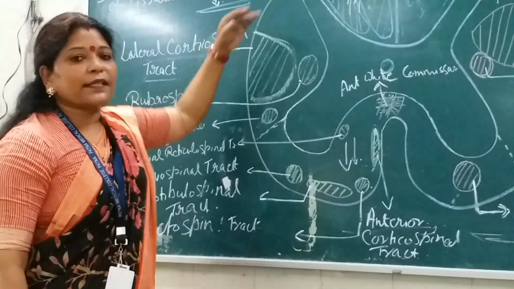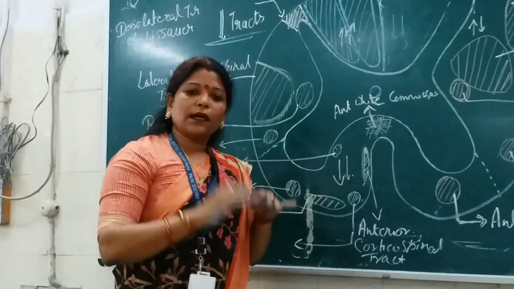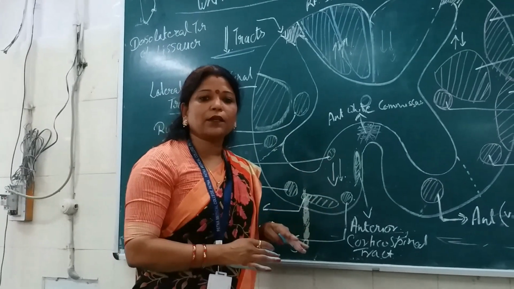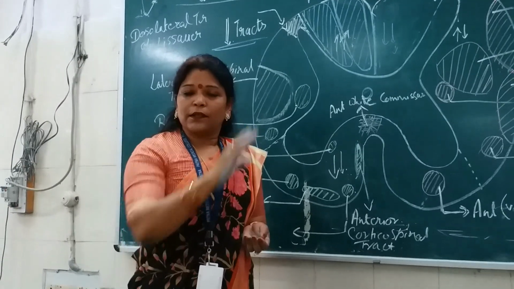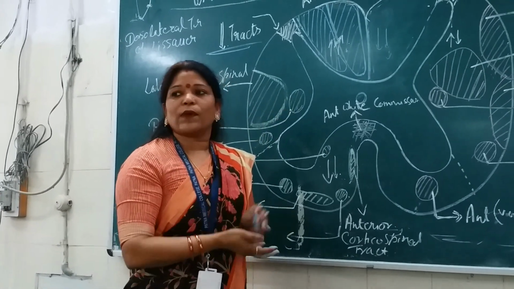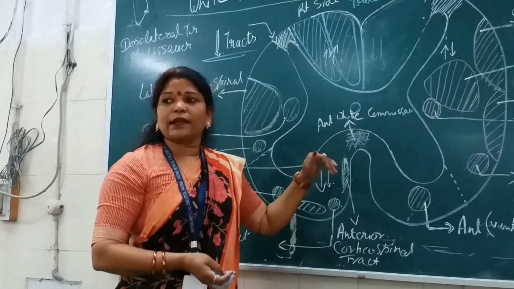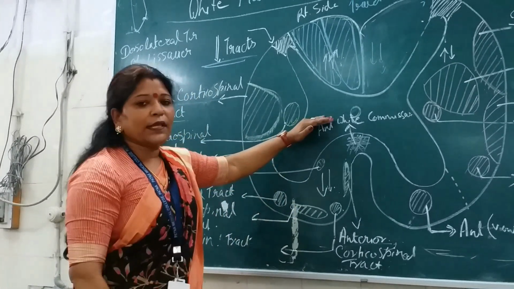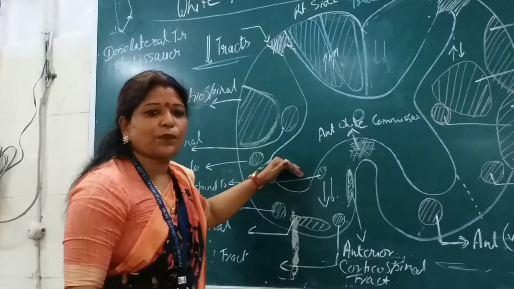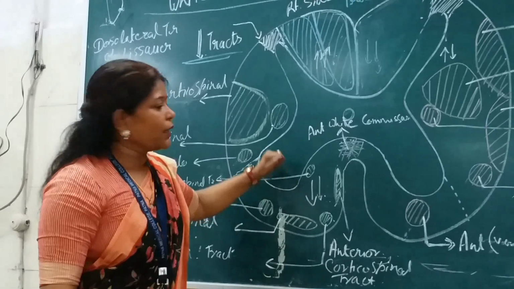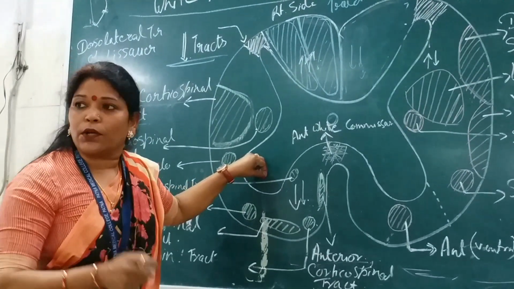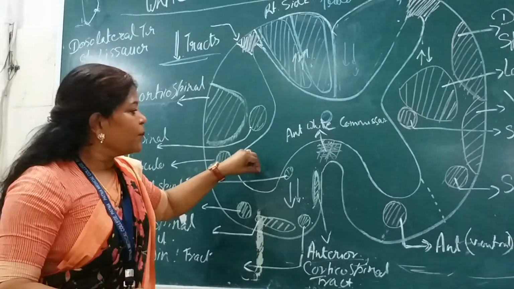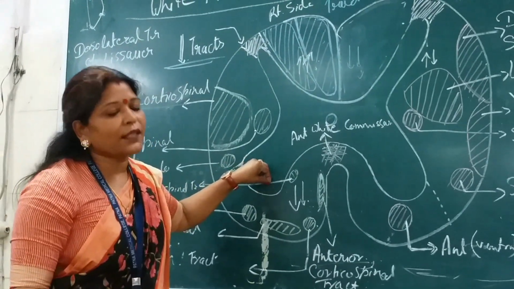So the descending tracts from the cortex have got two types of tracts: corticospinal as well as the corticonuclear tracts. Any nucleus which is present here in the spinal cord, the tract coming to that will not be the corticonuclear tract, because this nucleus is present in the spinal cord.